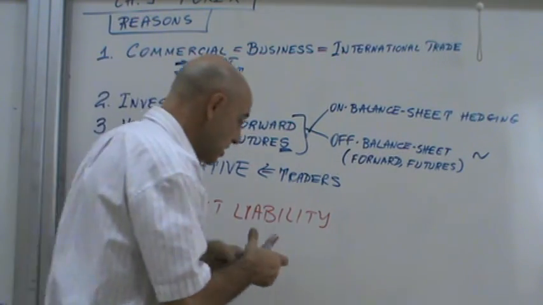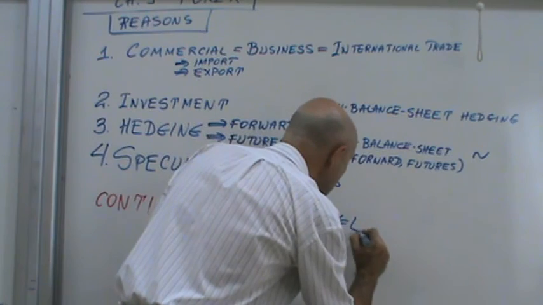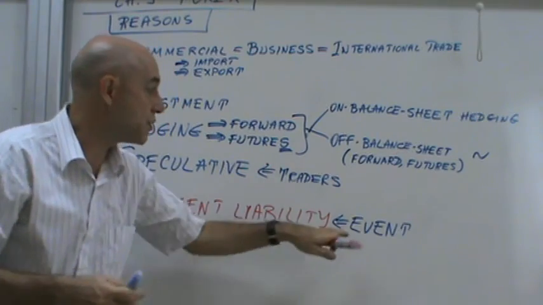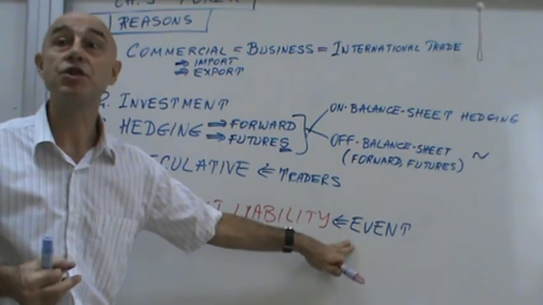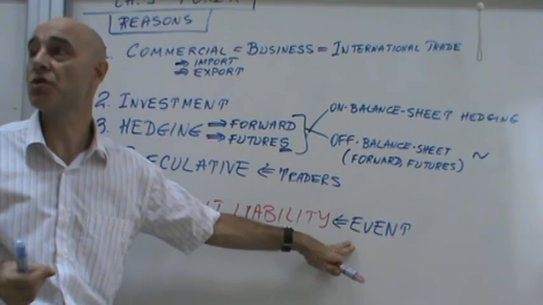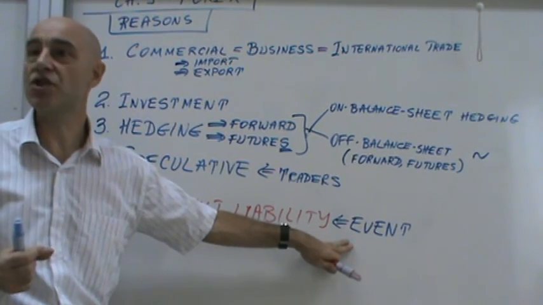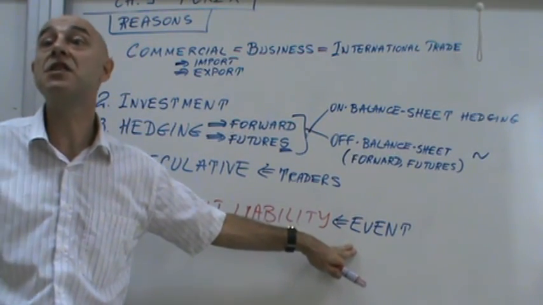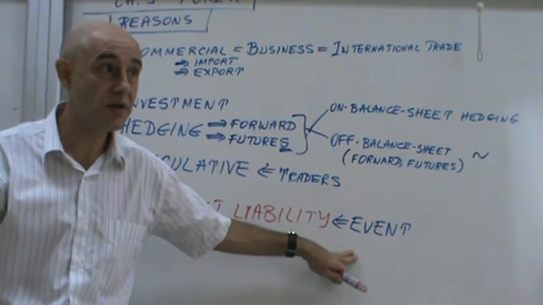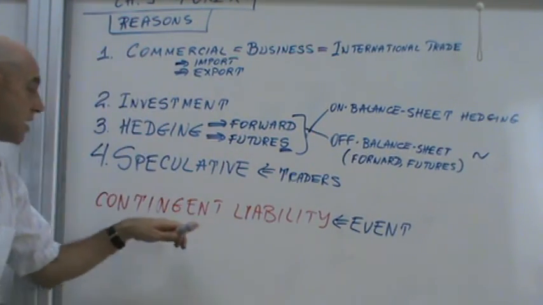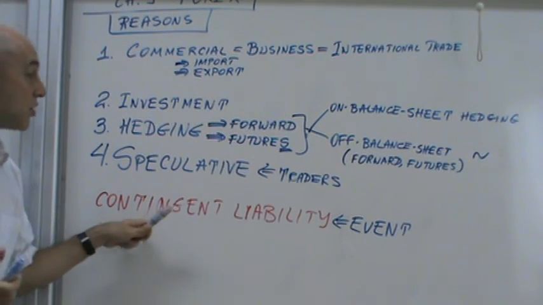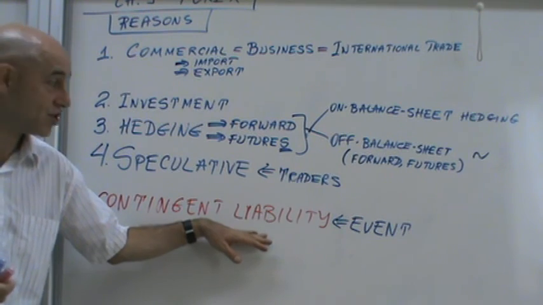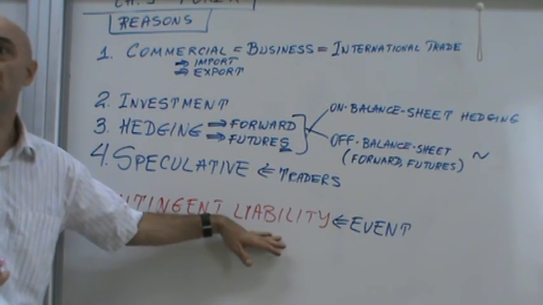So, contingent liabilities are dependent on a particular event. The event could be a hurricane, a tsunami, could be an insurance event. The event could be a financial event, a stock market crash. An event could be, most commonly, a default. If there is a default, then the event occurs, and suddenly you've got a liability.